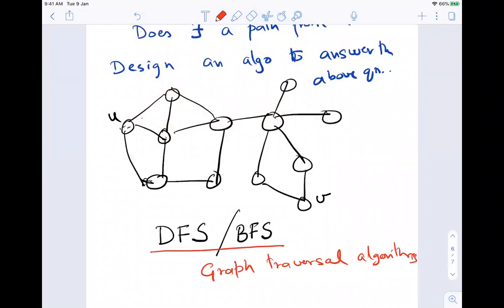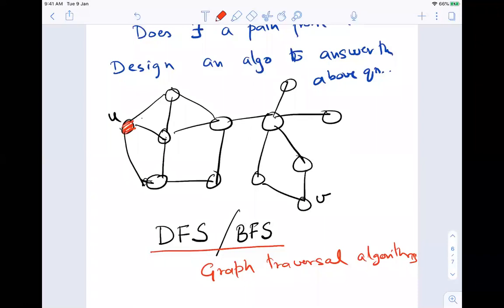What does a graph traversal algorithm mean? It means that you start from some vertex, okay? For our purpose, let's start from U, and you want to go and visit all possible vertices in the graph. Now this is a very useful algorithm, by the way.